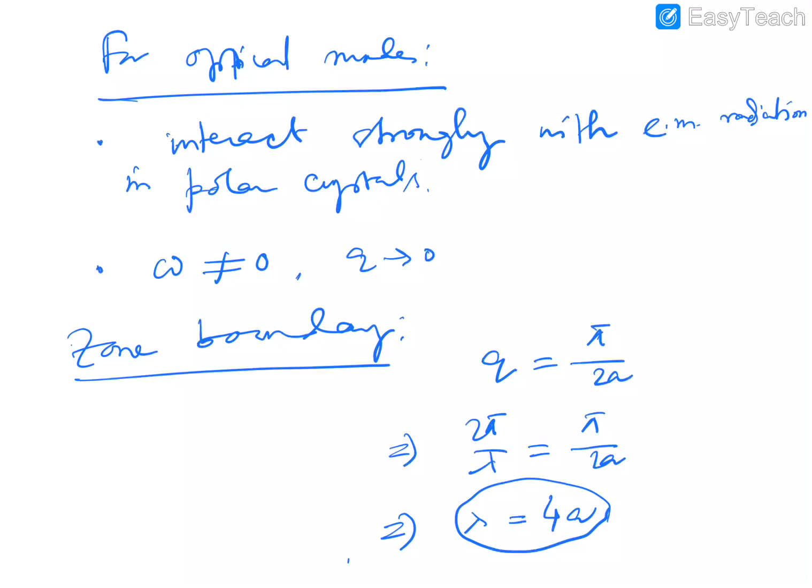So these are the observations one makes from this calculation. So at the zone boundary, lambda equal to 4a, high energy mode.